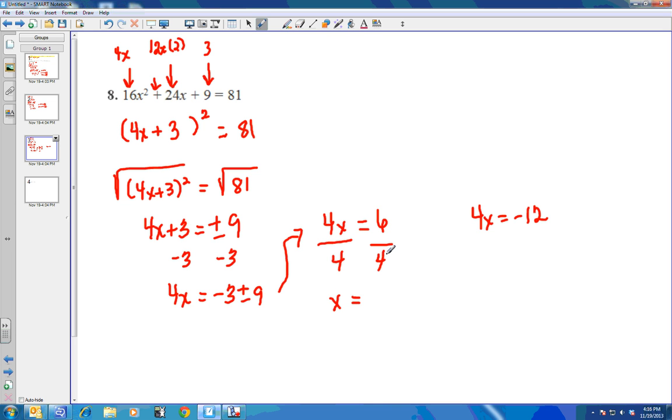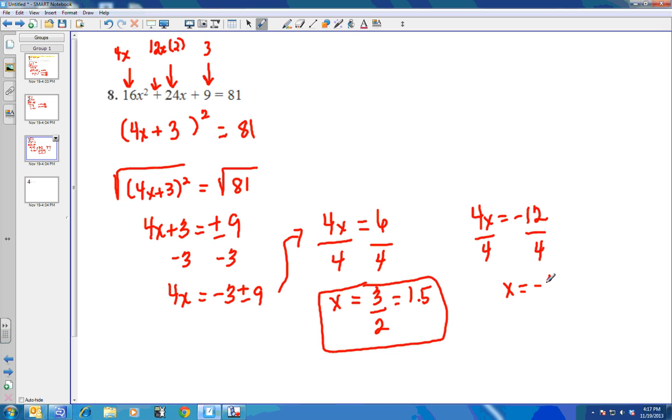X equals 6/4, or 3 over 2. Or if we put that in decimal form, that's 1.5. Divide by 4. X is equal to negative 3. That was number 8.